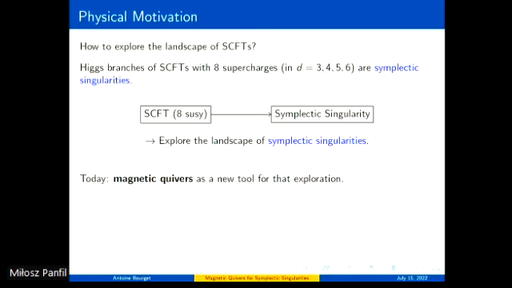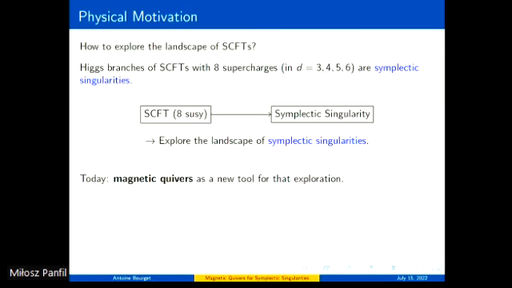And therefore, this can be used as a kind of shortcut to explore the landscape of supersymmetric theories. And so one big question in particular is, what is the landscape of superconformal field theories with 8 supercharges? This can be done in any dimension, say for concreteness from 3 to 6. And this is a very hard problem.